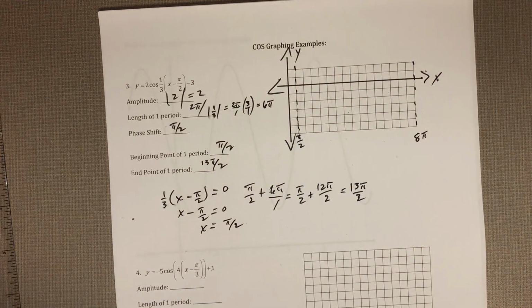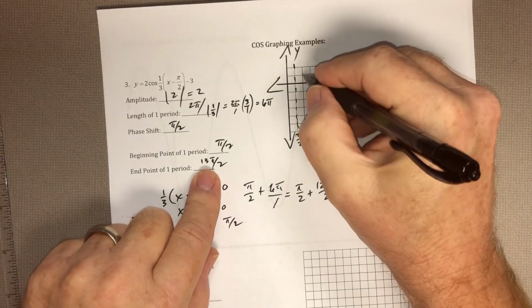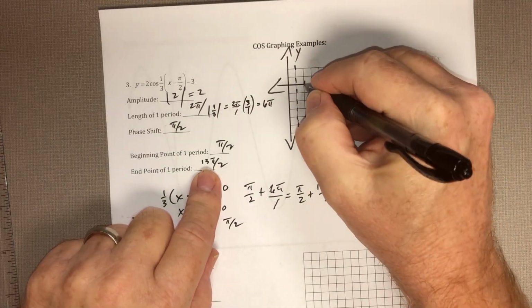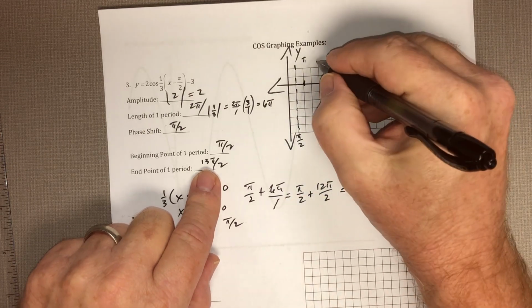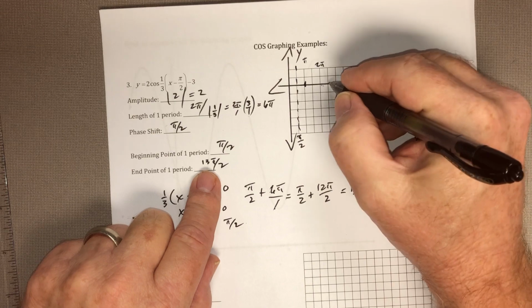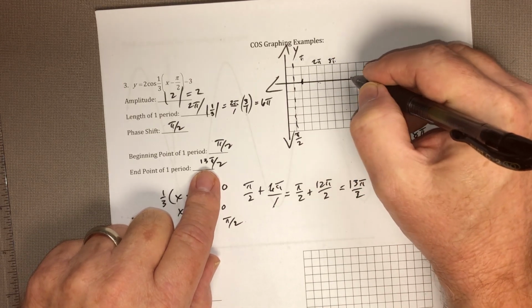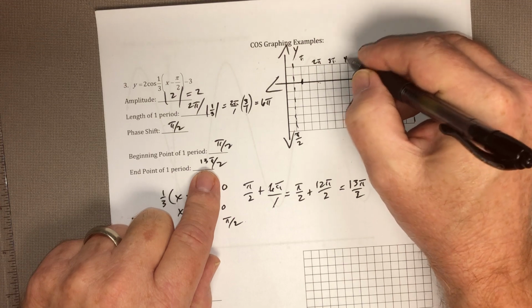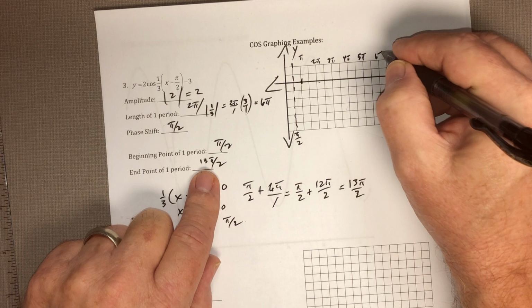And what you need to realize next is that, by the way, here's pi. This one right here is pi. There's another pi right there, so 2 pi, 3 pi right here, 4 pi, 5 pi, and 2 more is 6 pi.